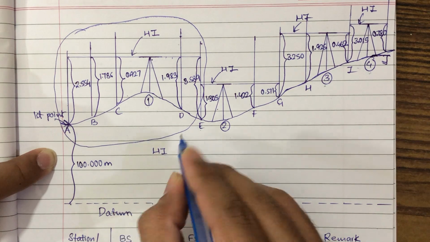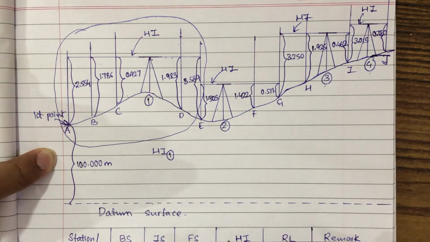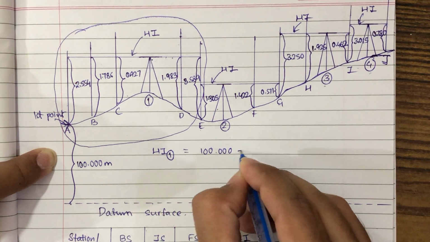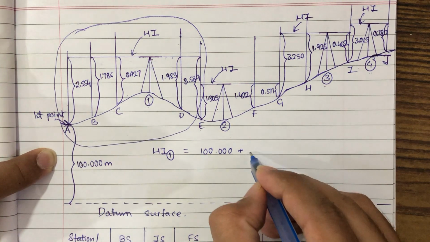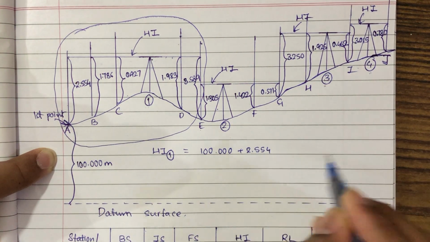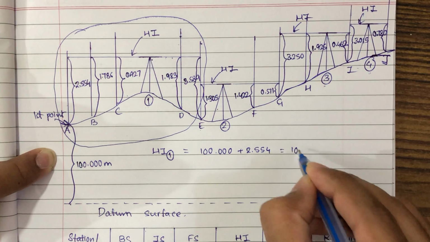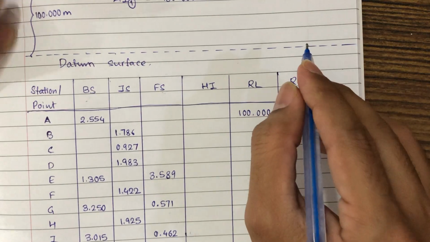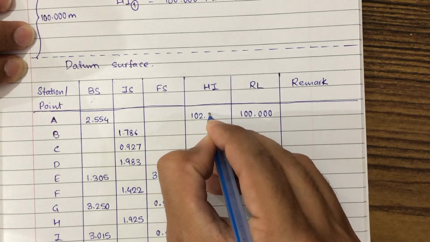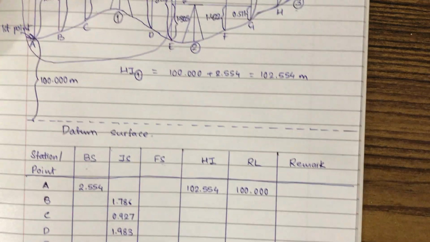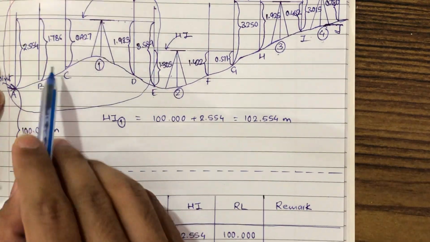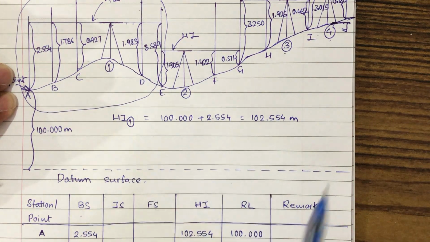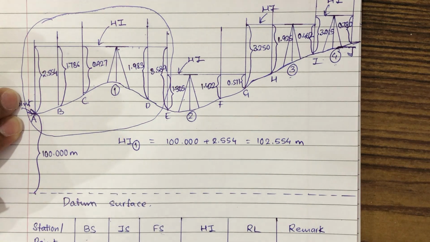So HI for the first position is 100 plus 2.554, which comes out to 102.554 meters. So this can be written over here as 102.554 meters. This HI will be constant from this line till this line for position 1.